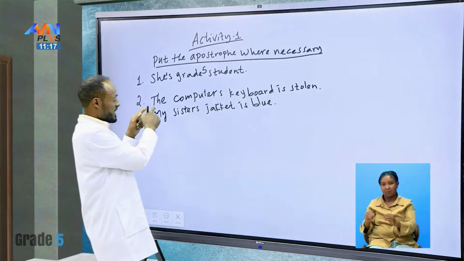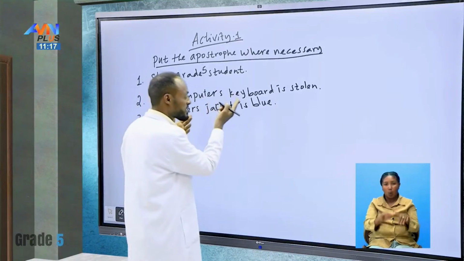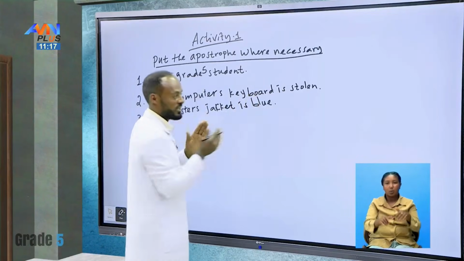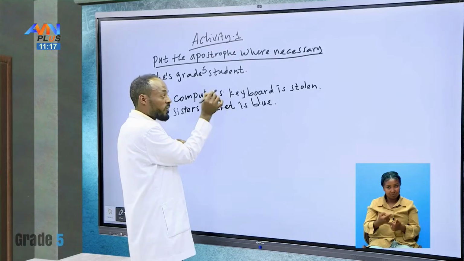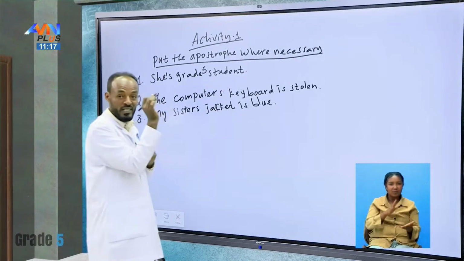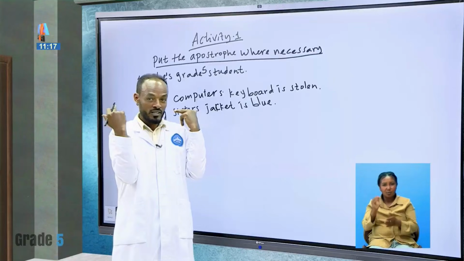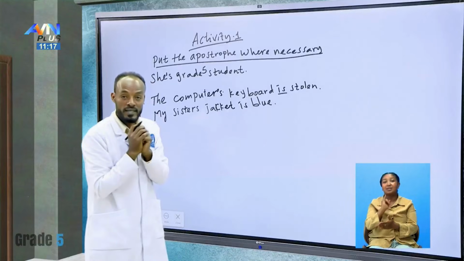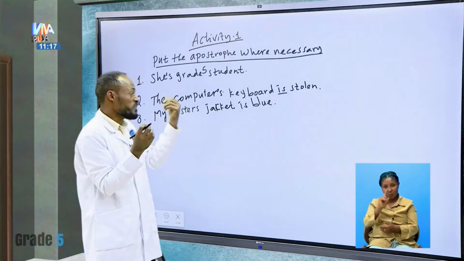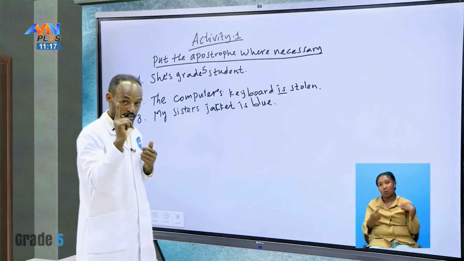What about the second one? The computer keyboard is stolen. Could we add the apostrophe in front of S or behind S? It should be here, because we use is, which means the subject is singular. Is it clear?